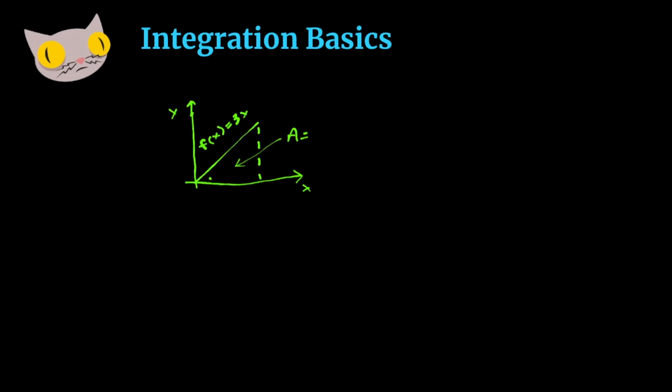So here's our triangle. We want to find the area. Now the area of a triangle is 1/2 base times the height. So for our triangle here, we can fill in these values and we get 1/2 times the base, which is just x, times the height, 3x.